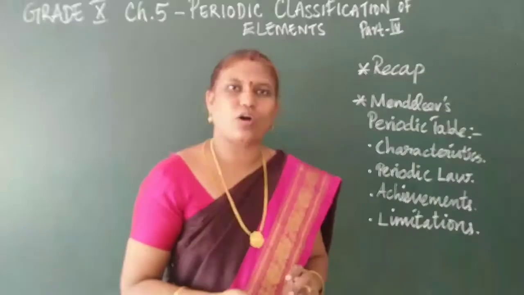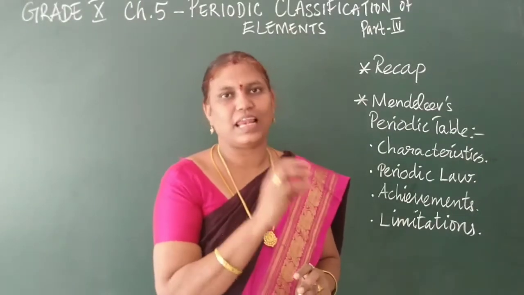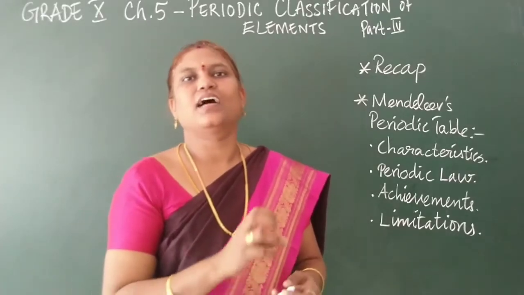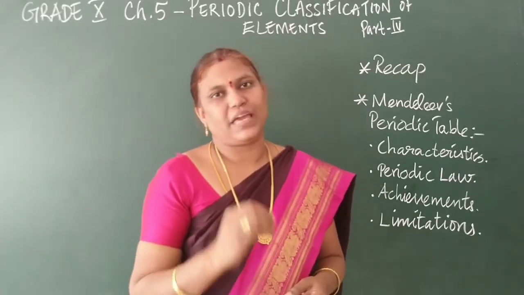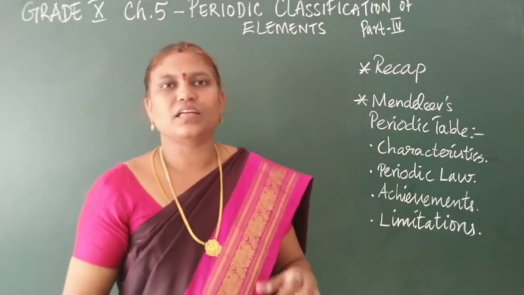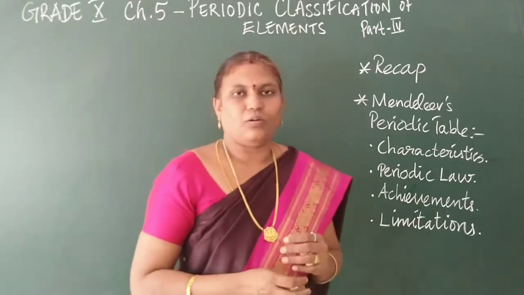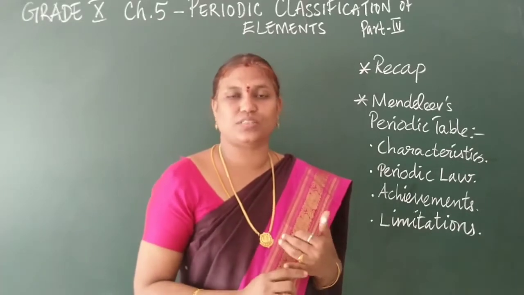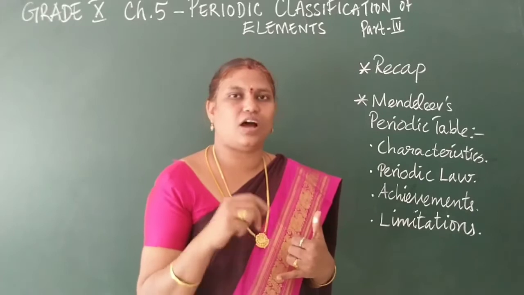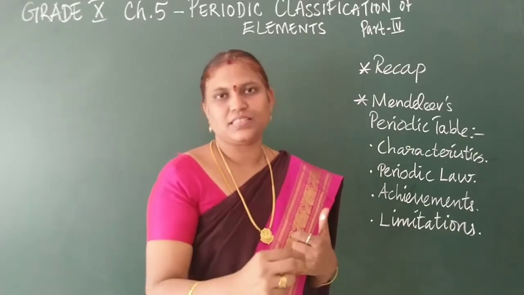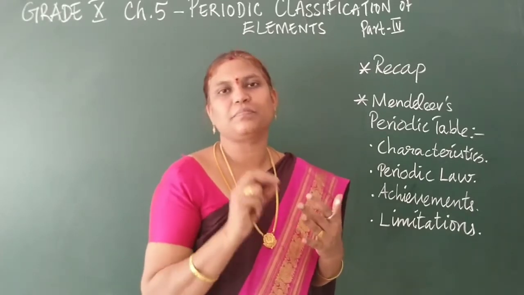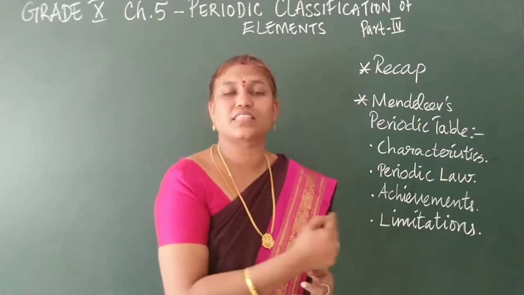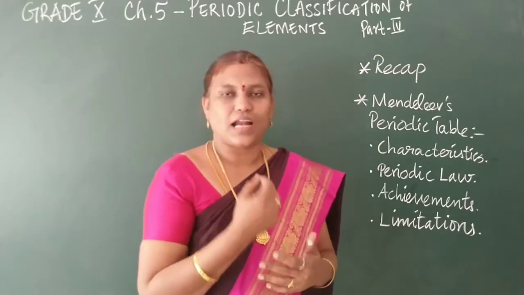Even though Newland's octaves worked for lighter elements, he followed the same basic criteria. What is the basic concept he has chosen? The atomic mass of the elements is taken as the primary one, and he has arranged the elements in the increasing order of atomic mass.